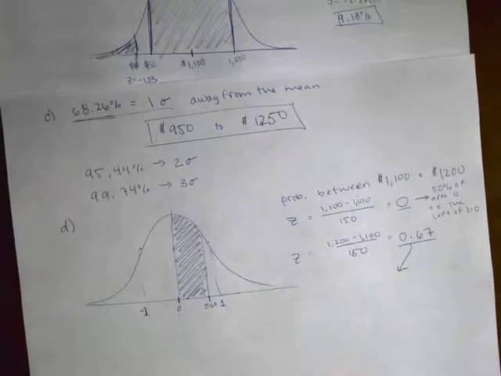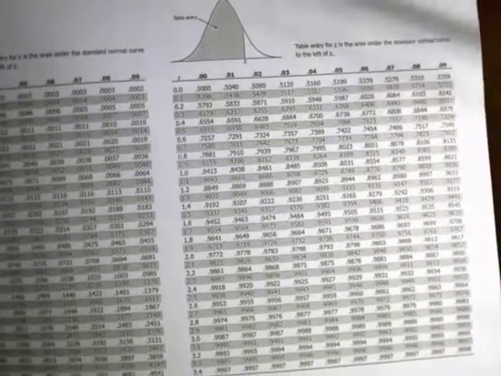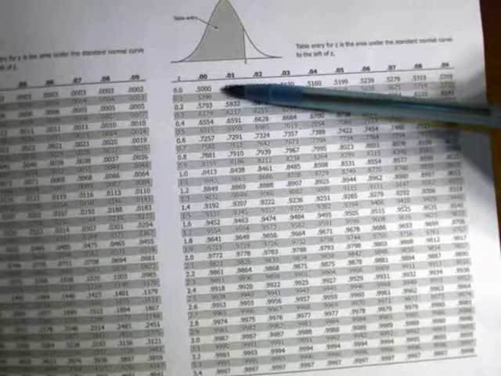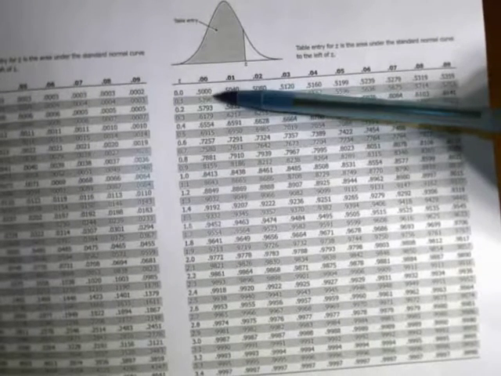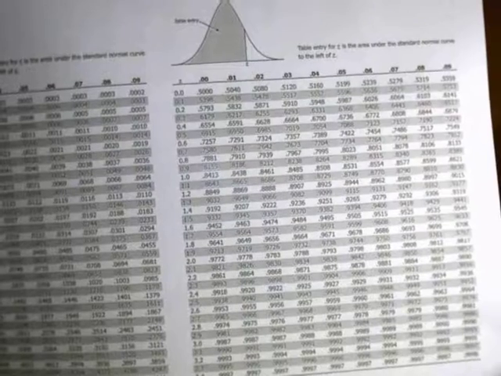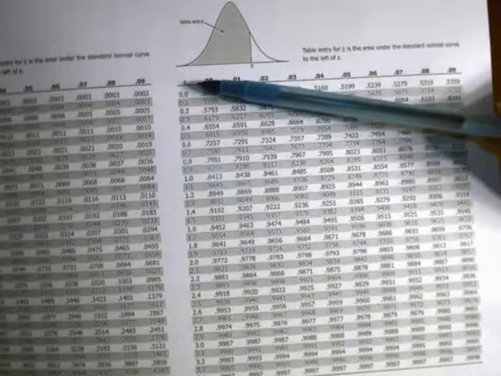A z of 0.67. If you didn't already know that, you could see it, if I can make it a little bigger. A z of 0, I'm finding right here. So I find 0.00, and that's 0.5000 right there.